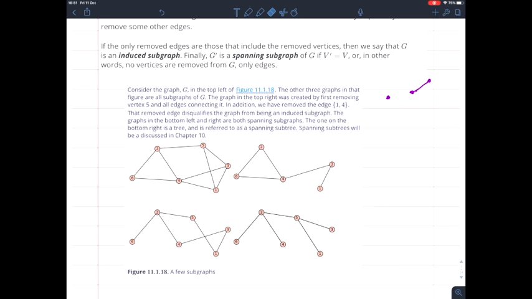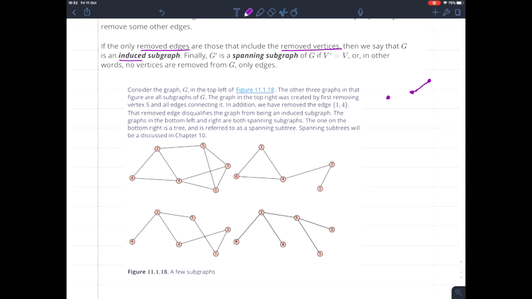So once we have a subgraph, there are two particular types of subgraph that we're interested in. If we only remove edges that include removed vertices, then we say that G is an induced subgraph. So the idea is you remove some vertices, and then any edges that are affected by having those vertices removed are the ones that you remove as well.